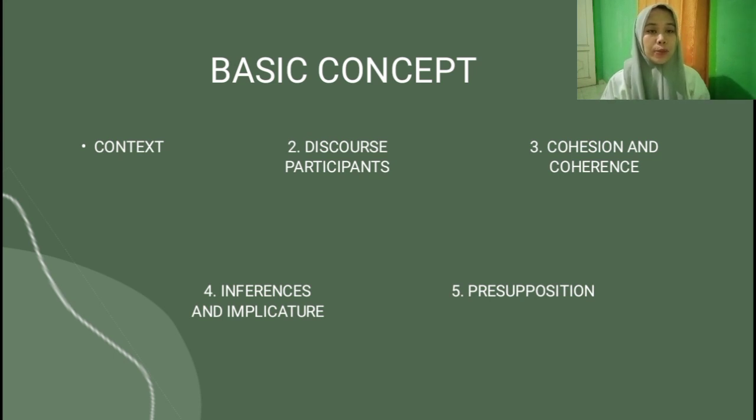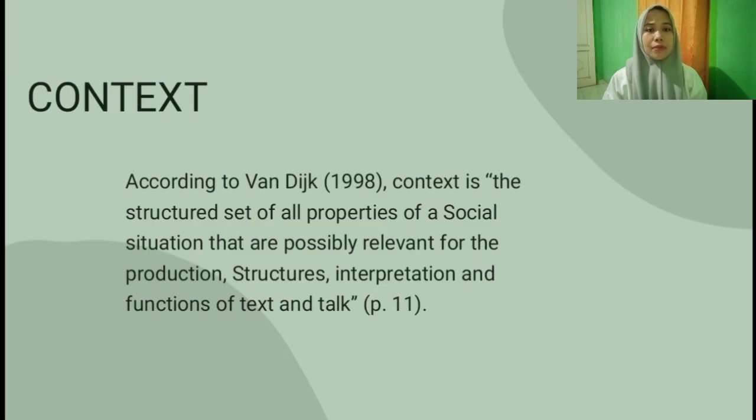Now I'm going to explain the first basic concept, that is context. According to Van Dijk 1998, context is the structured set of all properties of a social situation that are possibly relevant for the production, structures, interpretation, and function of text and talk. Context can be linguistic or situational.